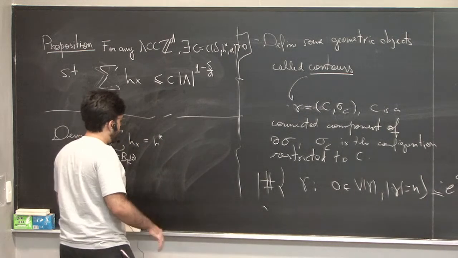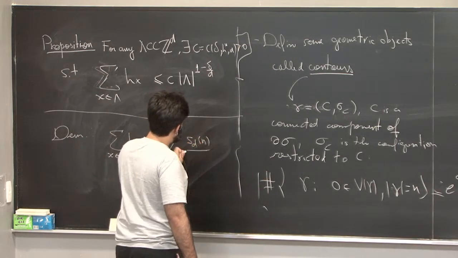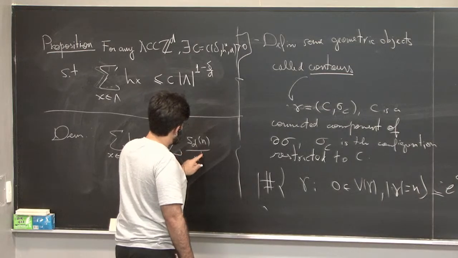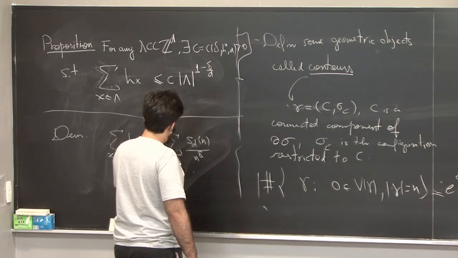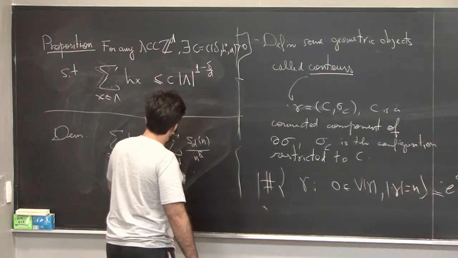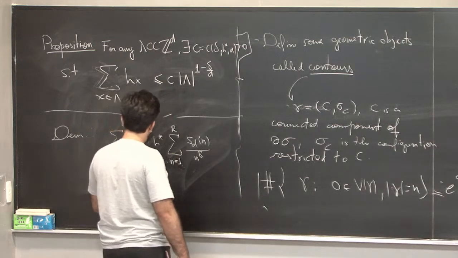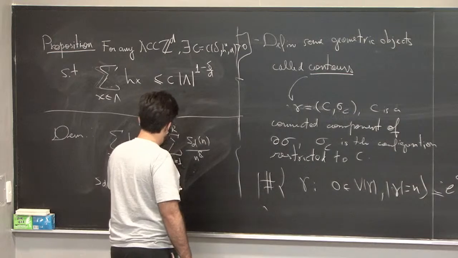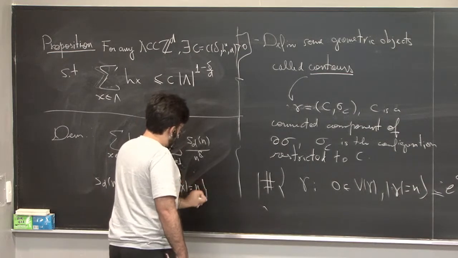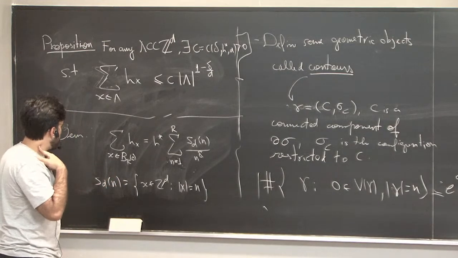Then some quantity appeared, the sum of h star over norm x to the delta, with x inside S_n and n starting from 1 to r, where S_n is exactly the set of all points in Z^d such that the norm is equal to n. So the distance to 0 is exactly n.